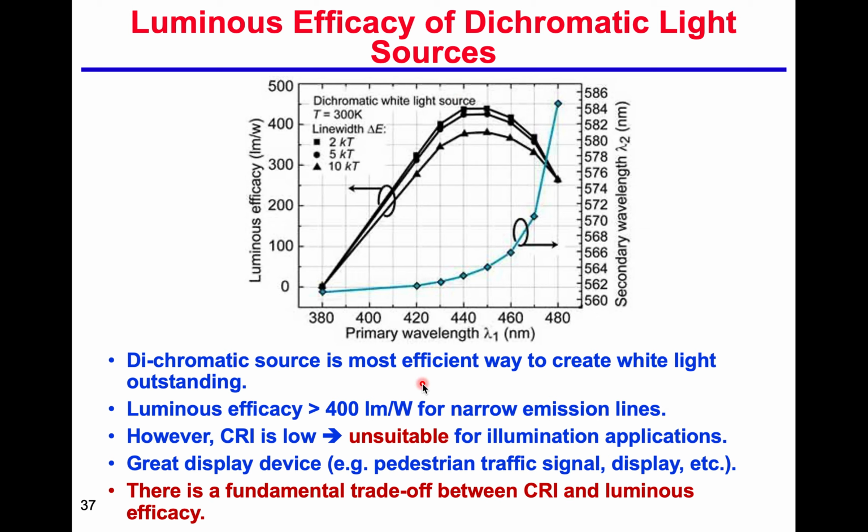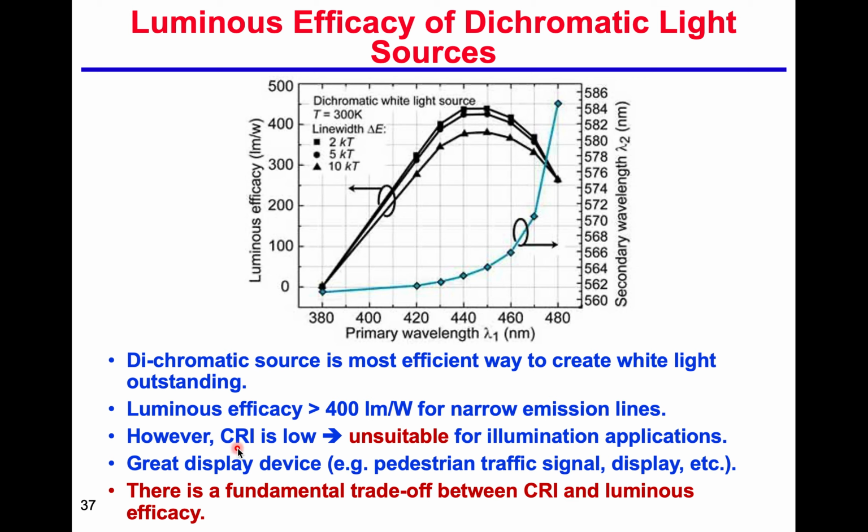But the problem is, we can see here, luminous efficacy, we can achieve over 400 lumen per watt, but with the narrower bandwidth, a narrower light emission, full width at half maxima. So that means if you want high efficiency, then you will have the narrow emission band.